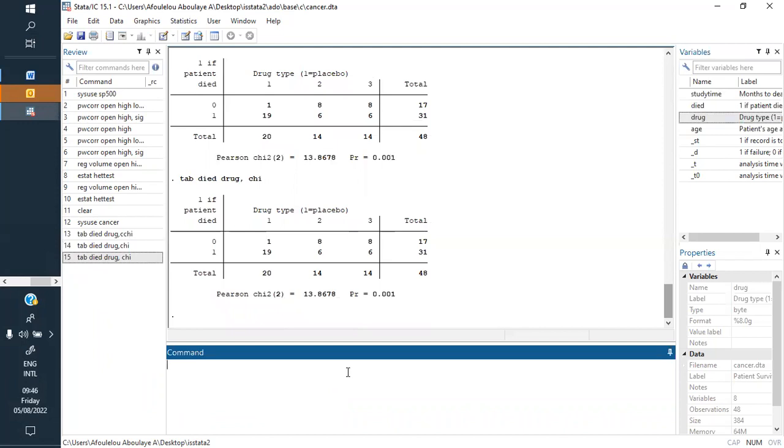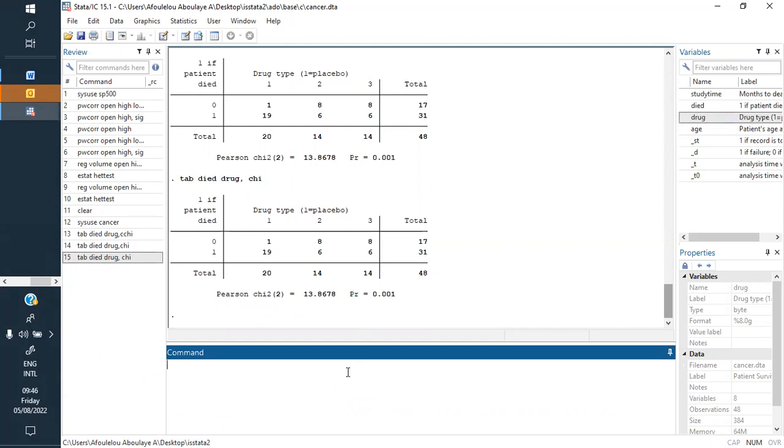Now I have to remind that we only reject H0 when we have a p-value which is less than 5%, and we can accept H0 or null hypothesis when the p-value is greater than 5%. Before we interpret, we should know if there is a relationship or not.